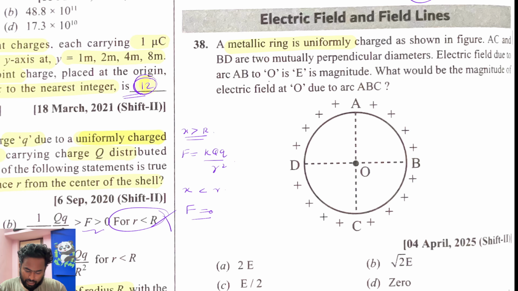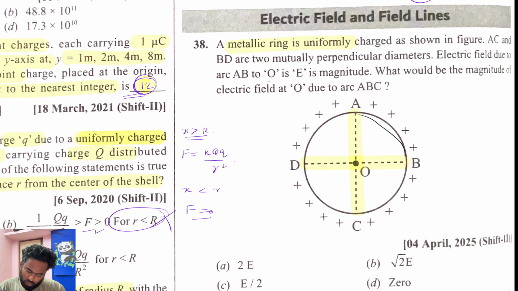We have a uniformly charged metallic ring. AC and BD are mutually perpendicular diameters. So this is AC, this is BD. The electric field due to arc AB at O is E in magnitude. What would be the magnitude of the electric field at O due to arc ABC?